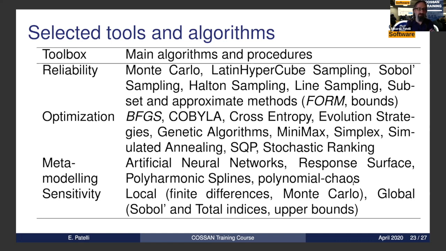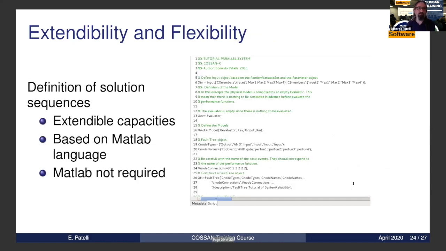In terms of metamodeling, we can use artificial neural networks, response surfaces, polynomial splines, or polynomial chaos. And finally, for sensitivity, we have local sensitivity, based on finite differences or the Monte Carlo method, and global sensitivity analysis by computing Sobol and total indices, or even computing the upper bounds of those indices.